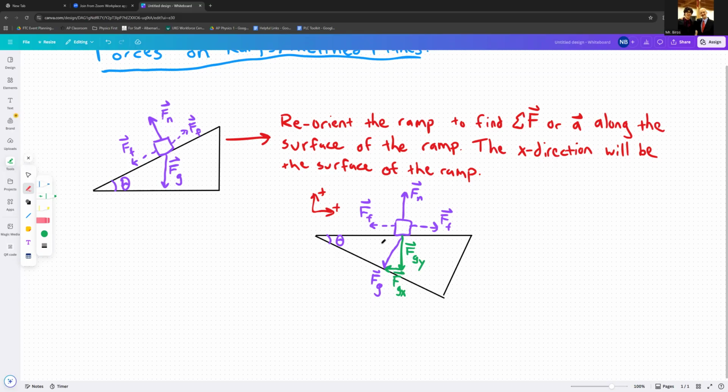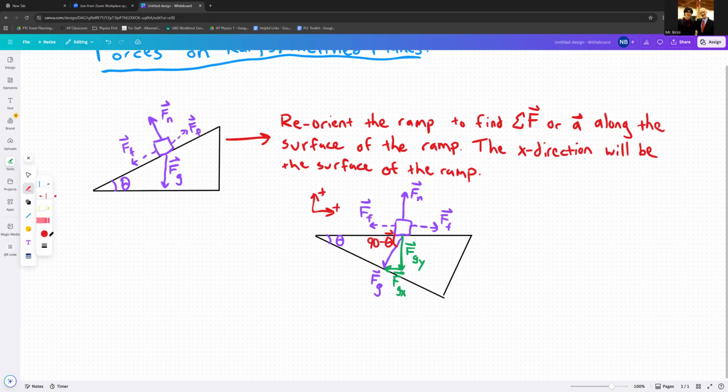Okay, so how do we find these? Well, we are going to use that angle theta, but it's a little weird to figure out what it is, but we can do it here. So I'm going to draw a couple other angles. This angle here is 90 minus theta. And we know that because I've actually created another smaller right triangle with the force of gravity here.